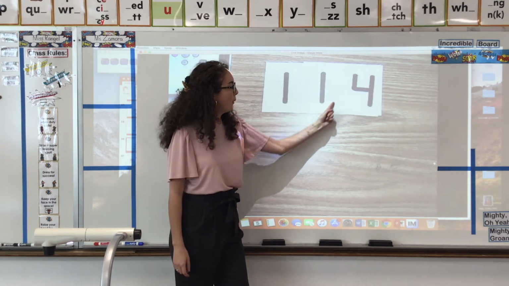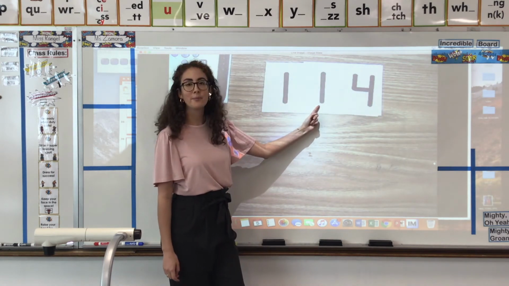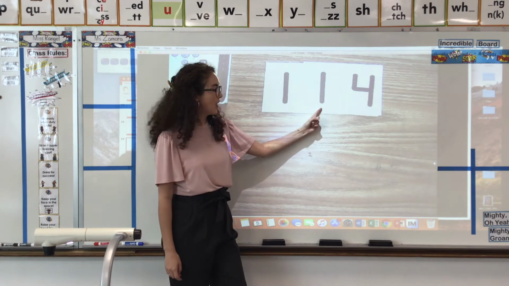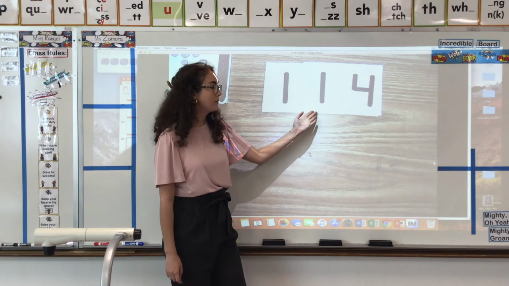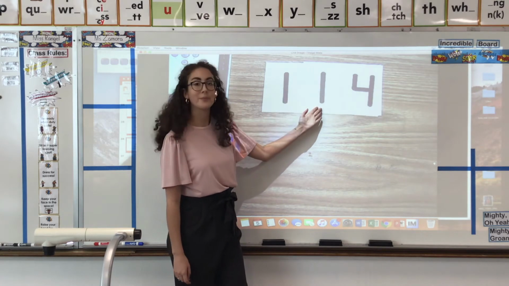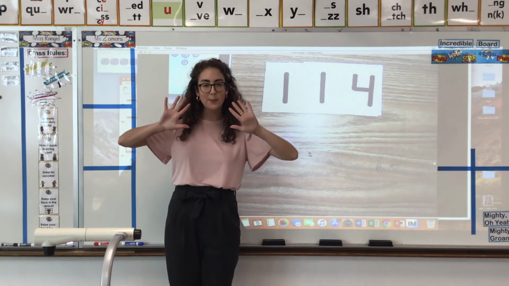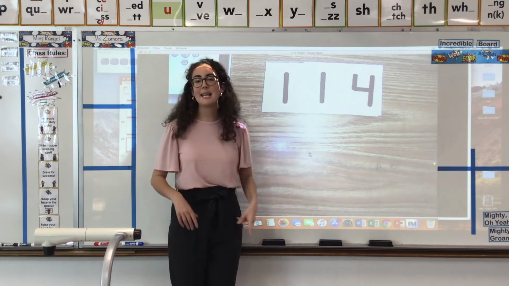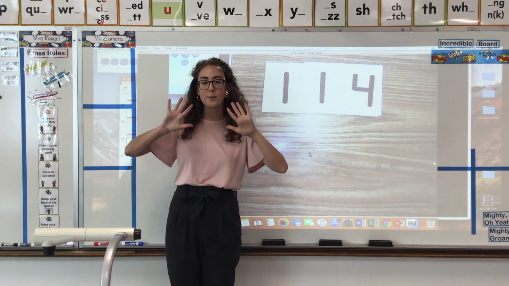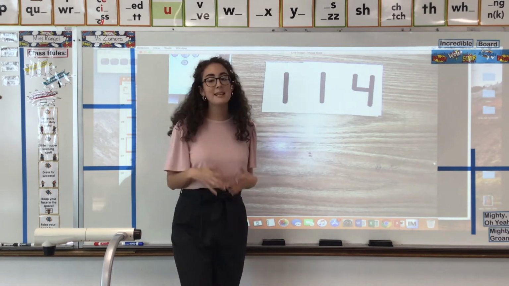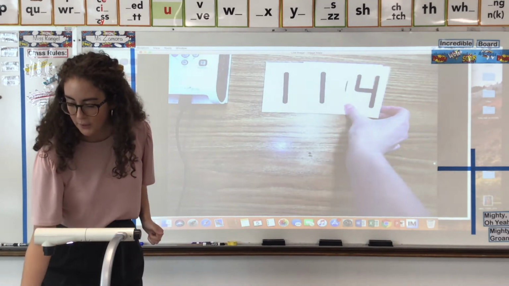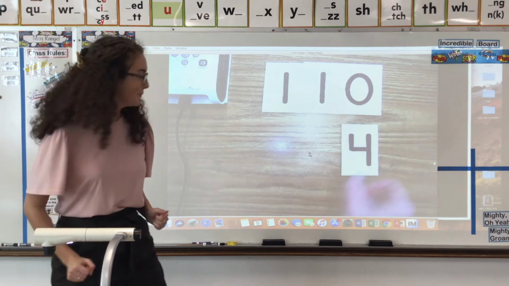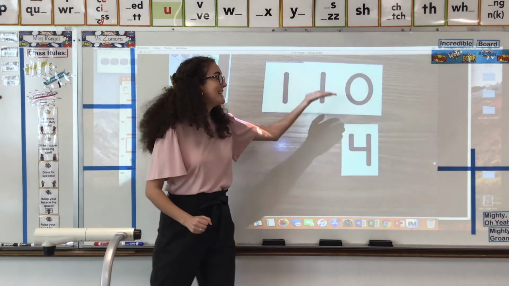Let's move over. What digit am I pointing to now? The 1. Good job. The 1 is in what place? The tens place. So, if the 1 is in the tens place, what is its value? 10.